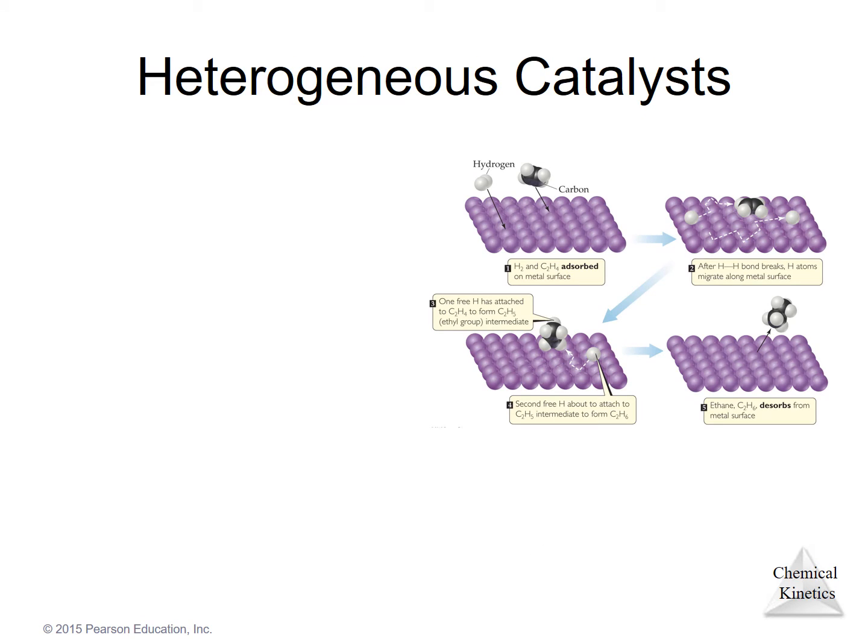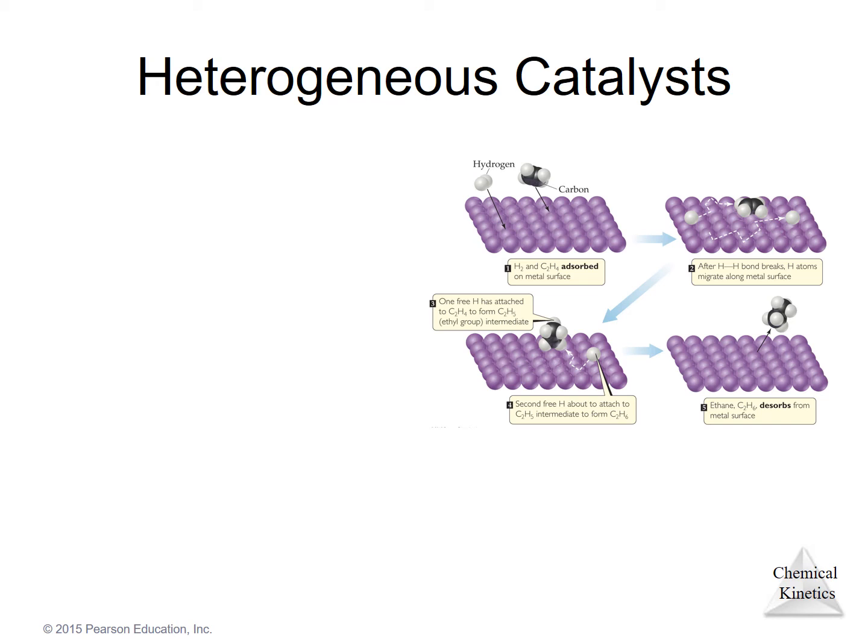A heterogeneous catalyst, on the other hand, is something where the catalyst is in a different phase than the reacting molecules. A very common example is that many metals are used as catalysts for gas phase reactions.